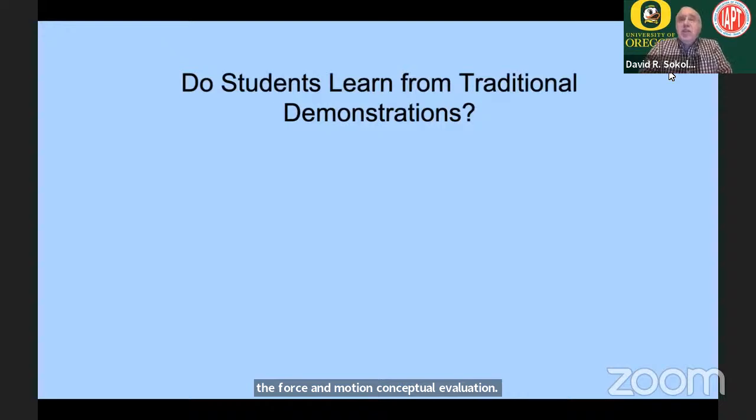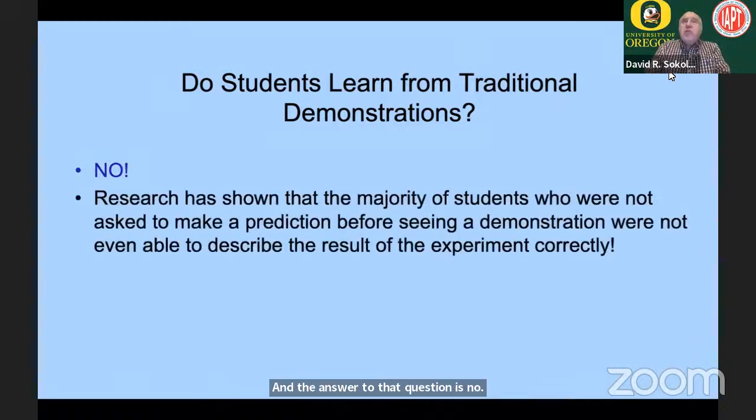You might ask, do students learn from traditional demonstrations? Because surely ILDs are very different from traditional demonstrations. And the answer to that question is no. There's been research done that has shown that the majority of students who have seen a lecture demonstration in class but did not make a prediction about it or get engaged by it in any way could not even correctly describe the result of the experiment afterwards.